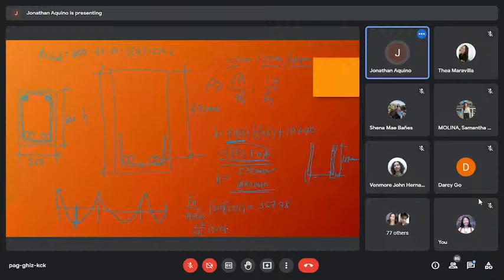So this will give 681.61 millimeter squared. So this is less than the provided As, yung As natin, 4 na 25. So 4 times pi over 4 times 25 squared. So this will give 1,963 millimeter squared. So yung final design ng beam natin, ito na yan.